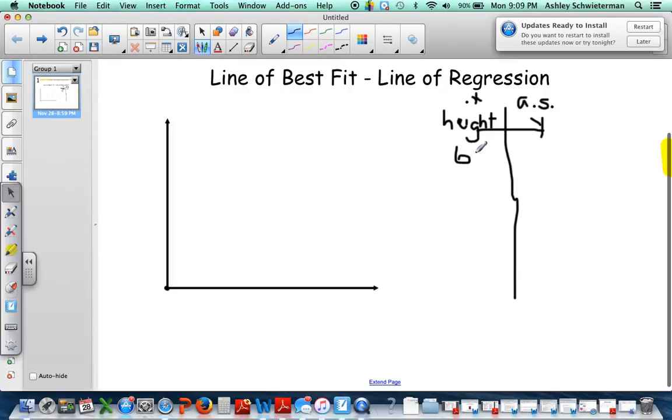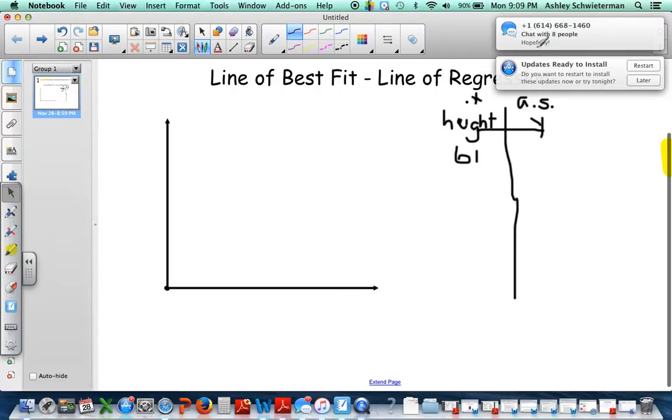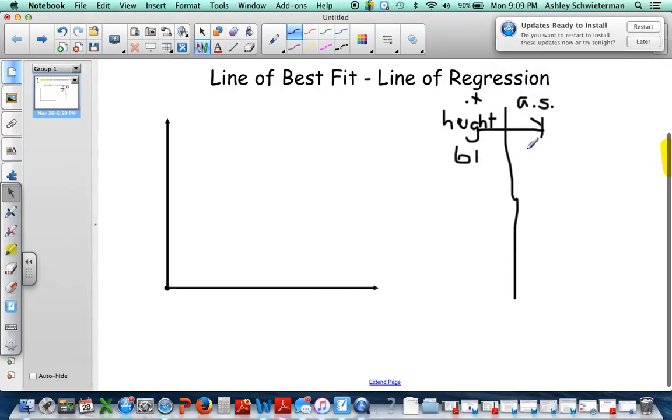Alright, so we just did this recently with 6th grade. There were 2 people that were spot on the same. So 61 and 61.